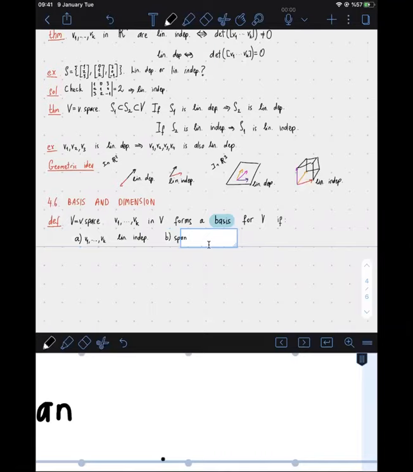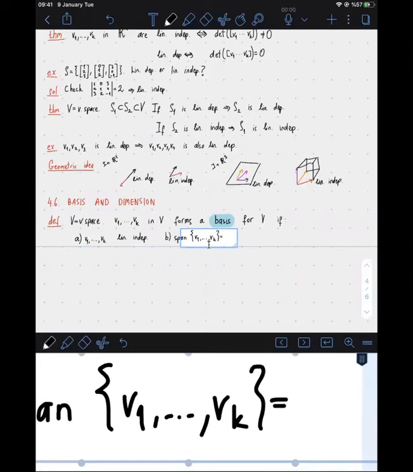So the span of these vectors should be the vector space. If these two conditions are satisfied, then we call this set of vectors V1 to Vk a basis.